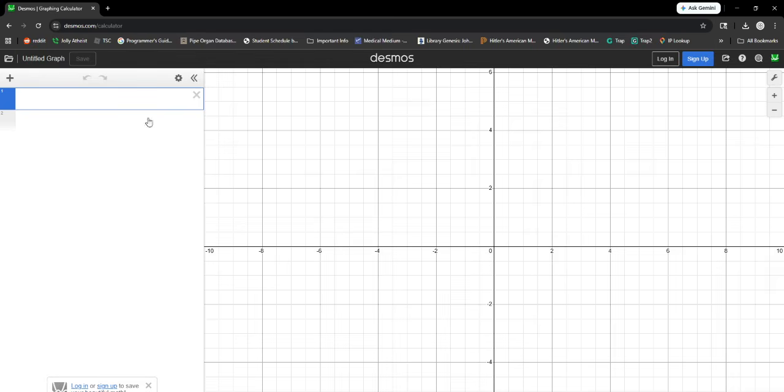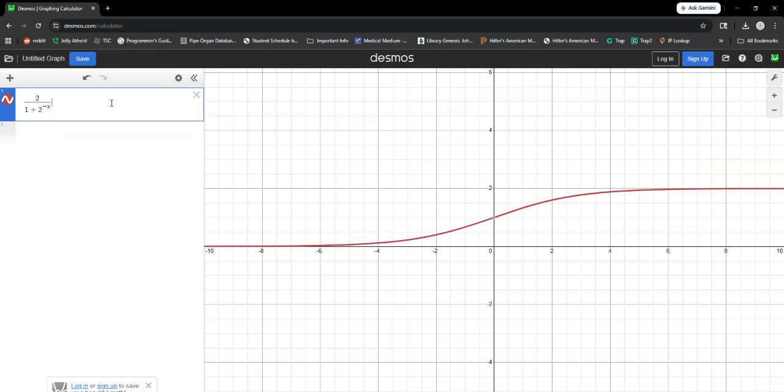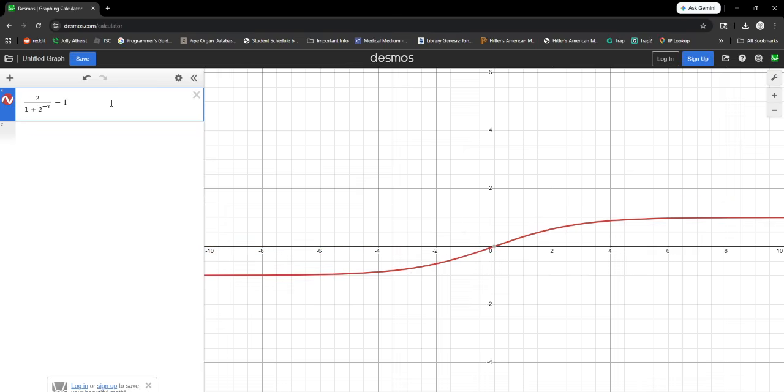If I am correct, it is 2 divided by 1 plus 2 to the power of negative x, minus 1. There you go. That's it. Change this, you can see it offsets it. Minus 1 puts it at 0.